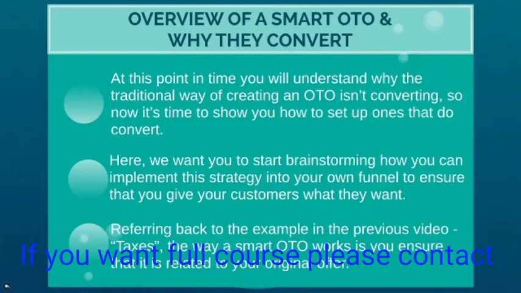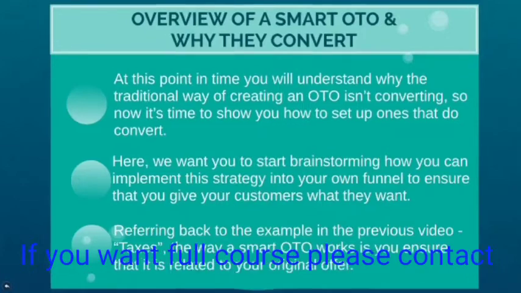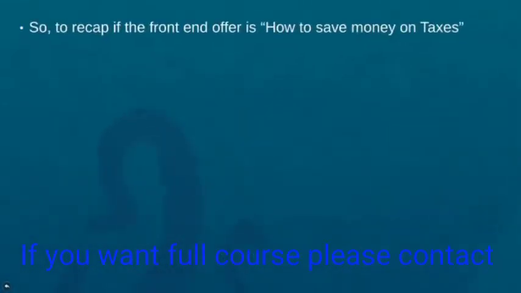The way a smart one-time offer works is to ensure that it is actually related to your original offer. Now you might be thinking, well, that's a no-brainer. I do that all the time, or that should be easy. But really, let's just take this as an example.